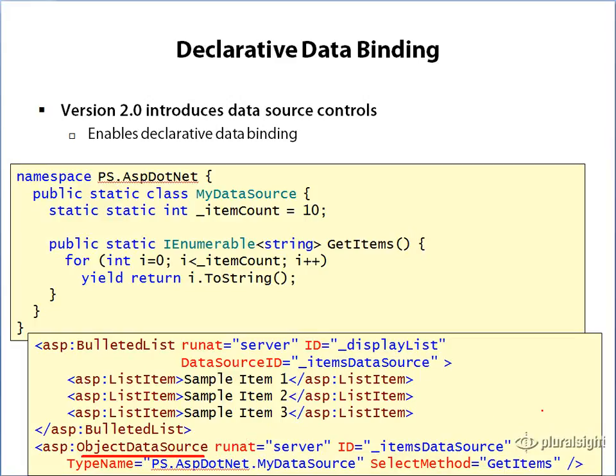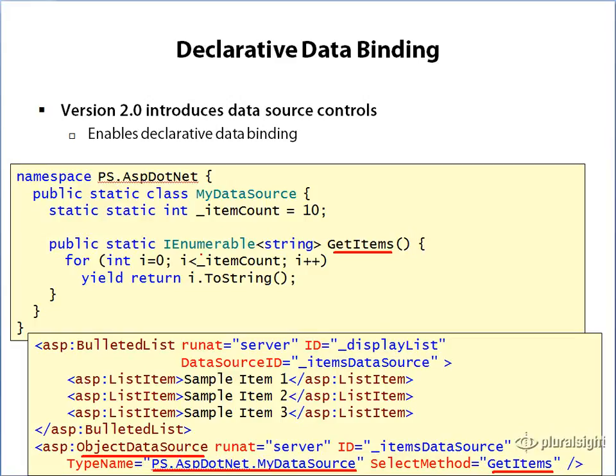The ObjectDataSource is the one that lets you point to a class definition and say, go get your data from here. And the way you point to it is you give it the name of the class that you want to use right here, and then you tell it the method you want it to use to retrieve data. And it will then go invoke that method on this class to return the list of items.